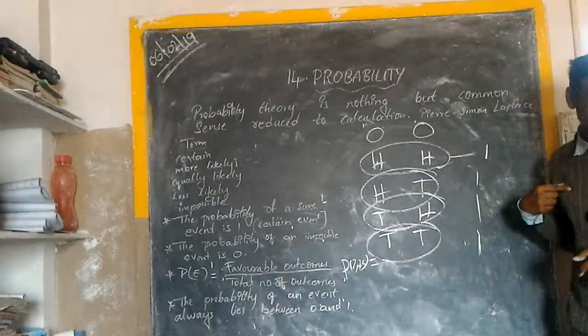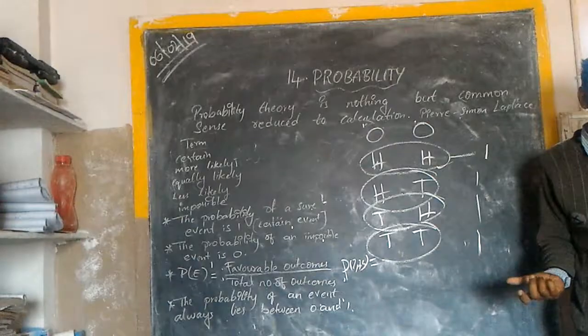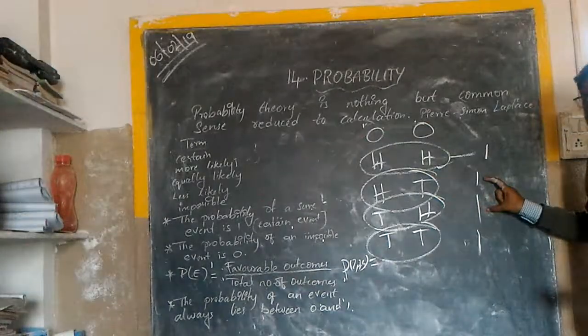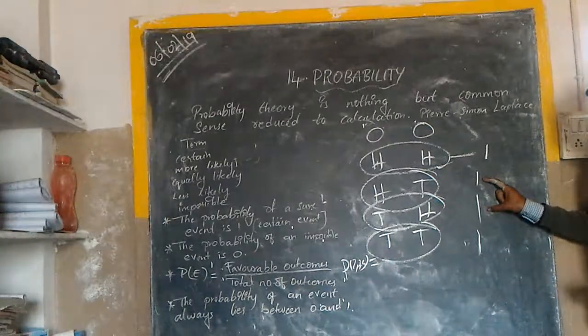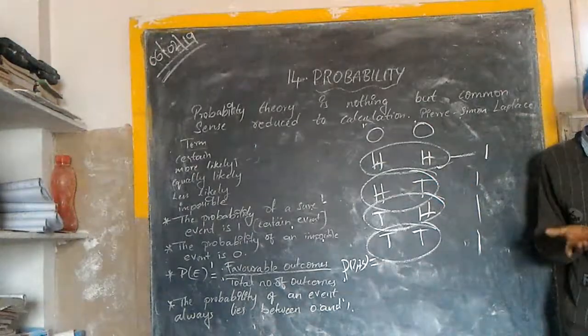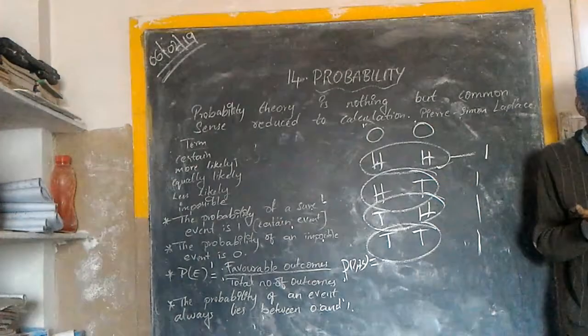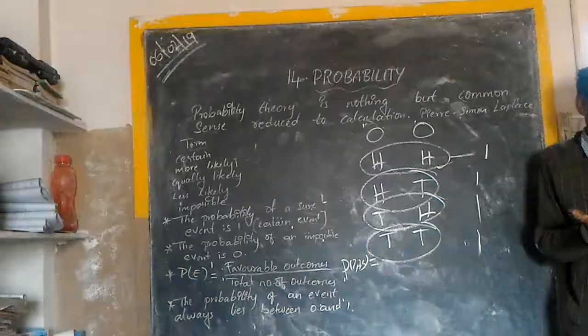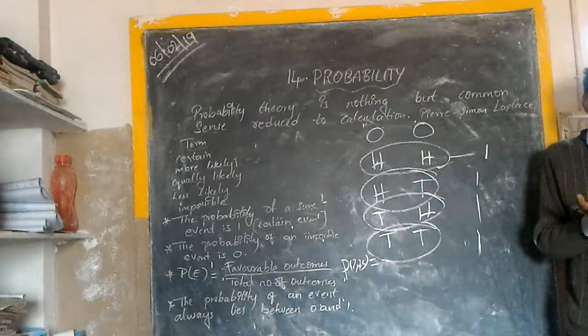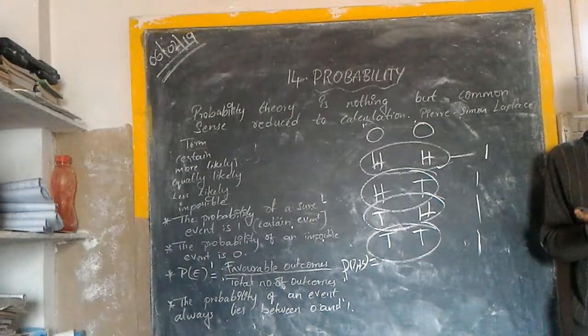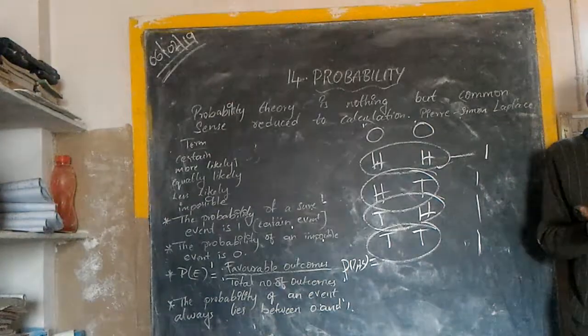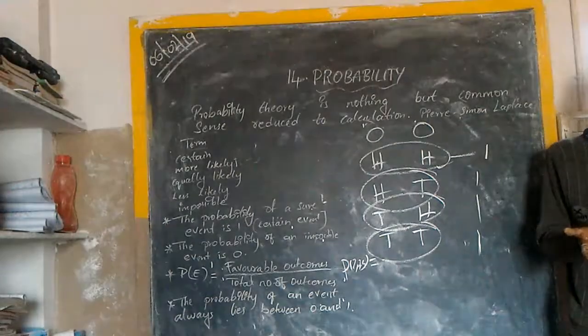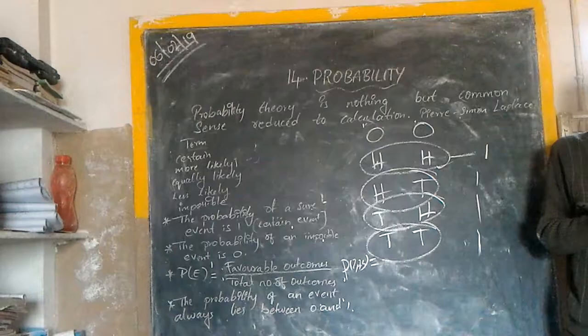Then I will win. Otherwise, I lose the game. That means how many chances do I have? 2. I am asking for any one of them to be head. Did I tell you that before? No. One head and one tail, I am expecting one head and one tail.